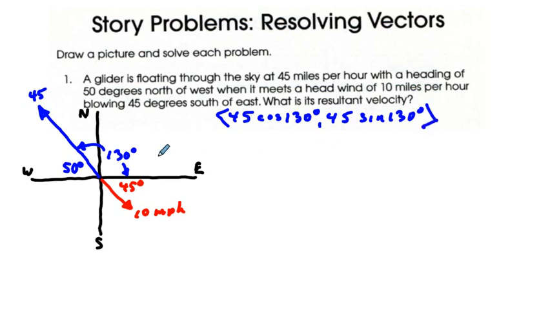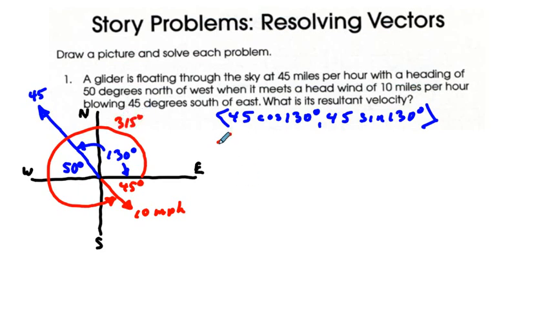So that's going to represent our glider vector. And now we go to this other one, this headwind. For this one in standard position, we're going to have this type of rotation like this. And that's going to be 360 degrees minus 45, or 315 degrees in standard position.